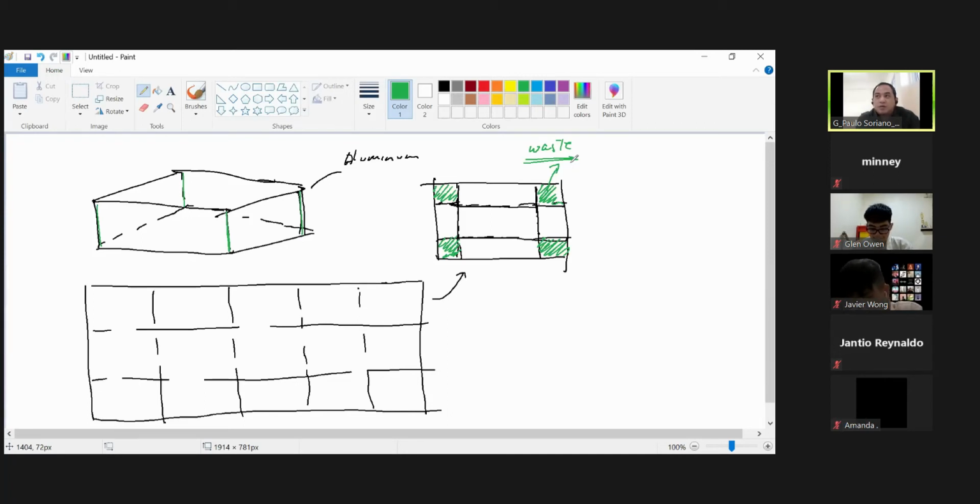Now, if you are working in a company, what do you need to do to ensure the highest profitability and highest yield, meaning the highest number of items made? Are you going to maximize waste?